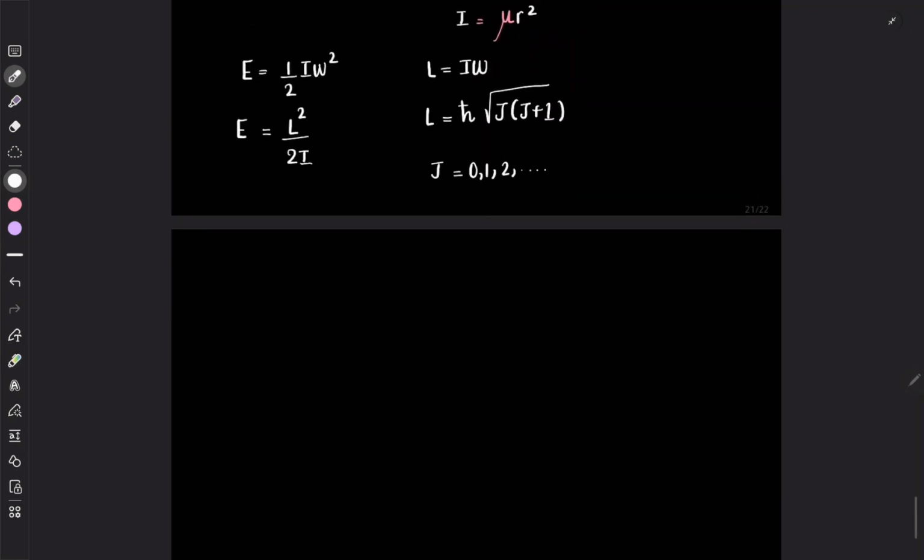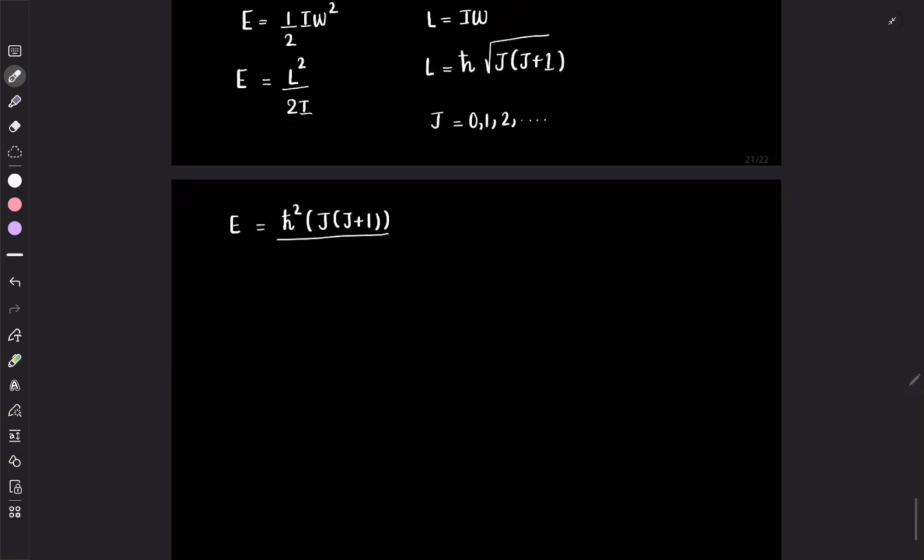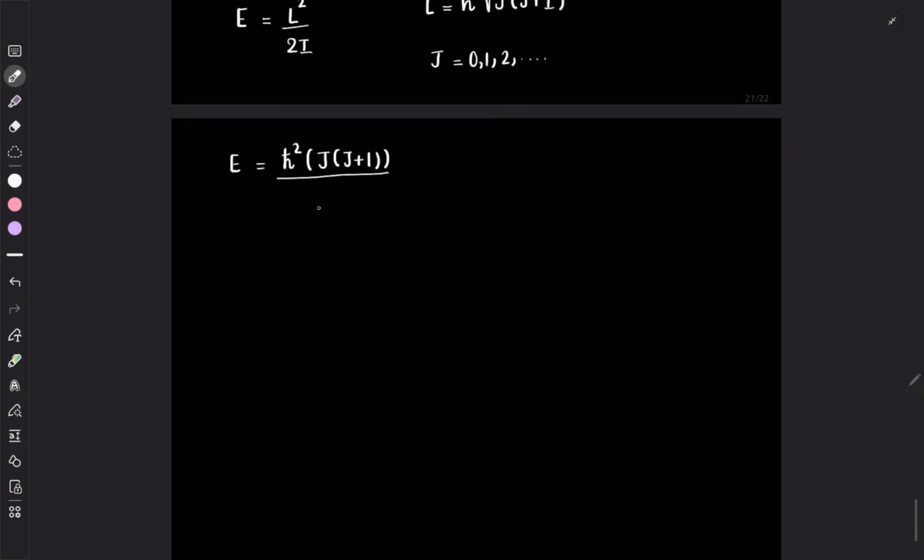If I substitute the L value here, I will get E is equal to h cross square j into j plus 1 divided by 2I.